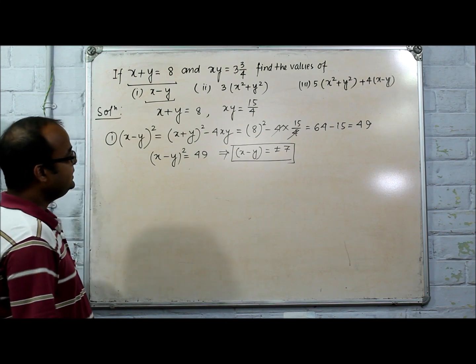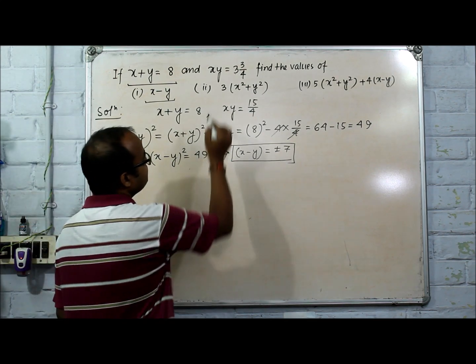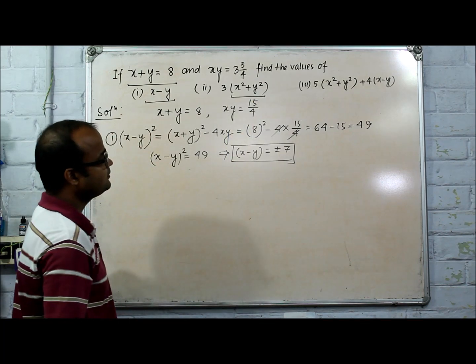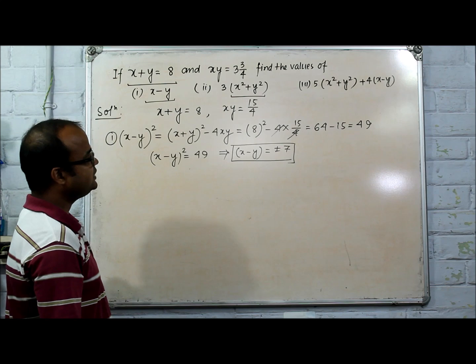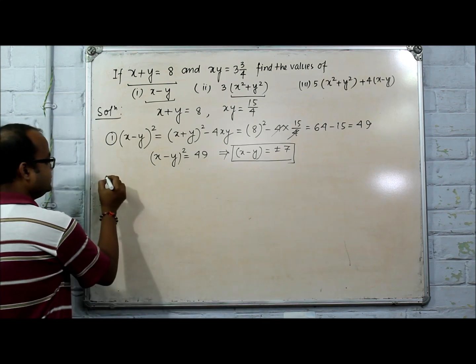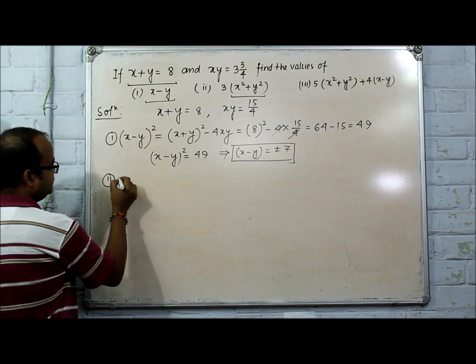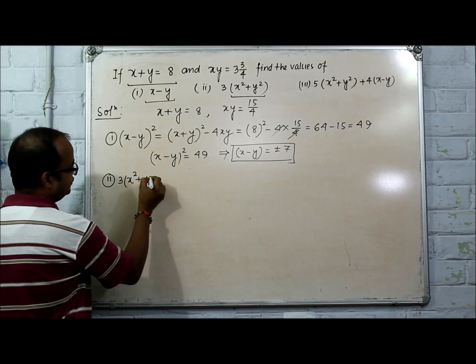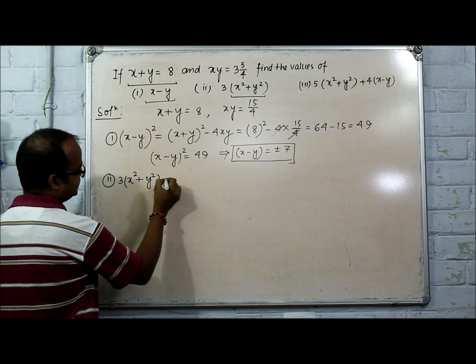Now next one is 3 into (x square plus y square). Moving into the next part, we need to find out the value of 3 into (x square plus y square).